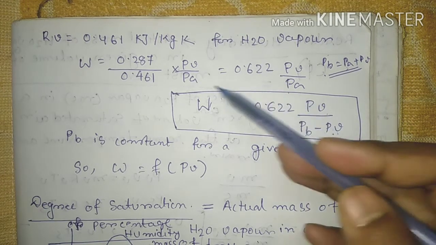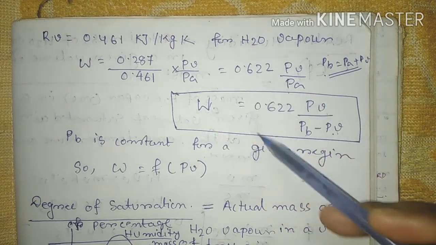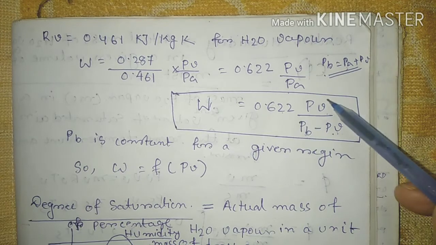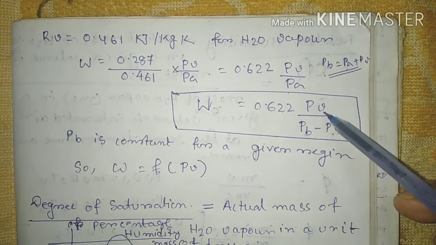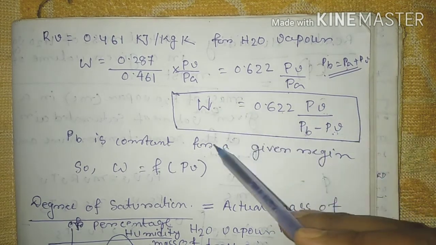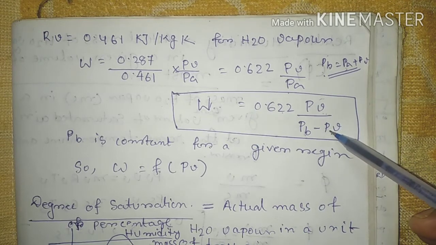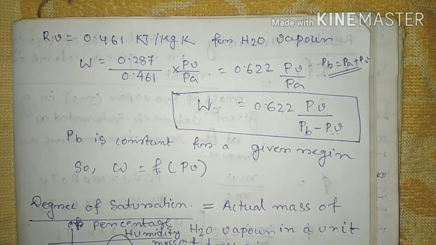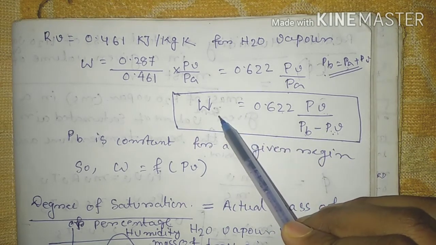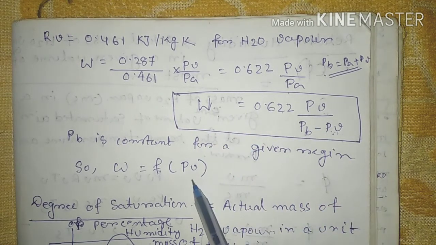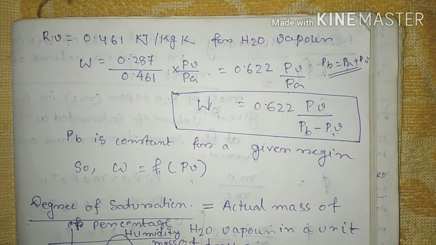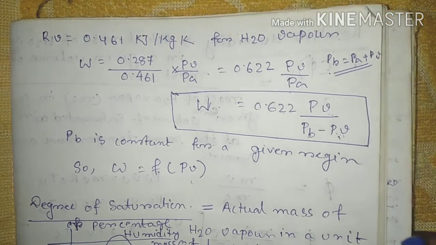So in this equation, PB is a constant numerical value, and W is only a function of PV. So this is the relation between partial vapor pressure and specific humidity. The specific humidity or humidity ratio is only a function of partial vapor pressure.